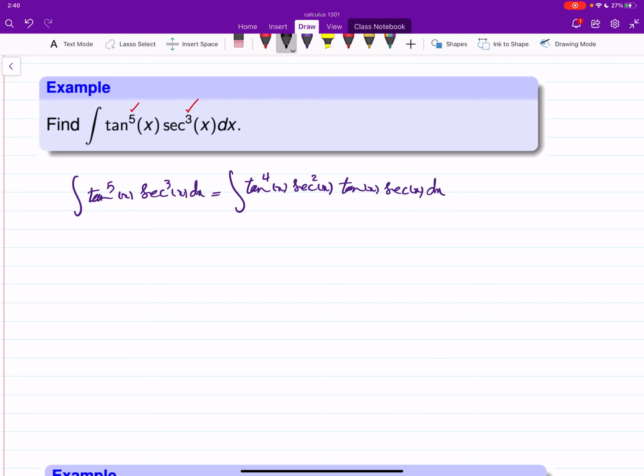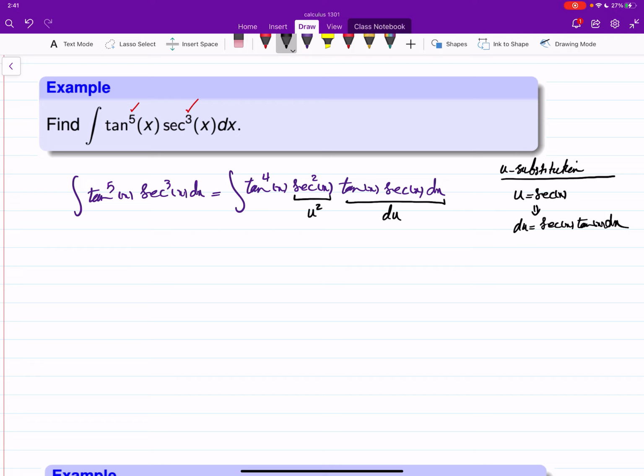Now it's time to start the u substitution. Here again, we set secant x to be u, then du is what we have there, secant x tan x dx. So this part is du. This one here is u squared.